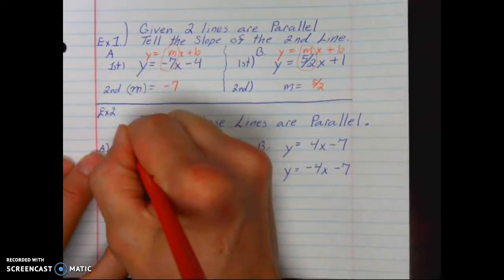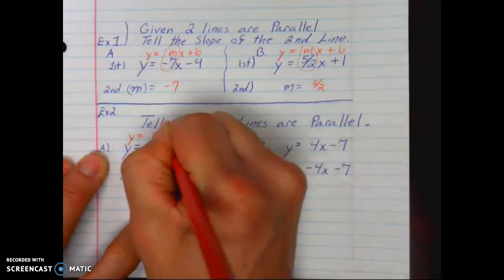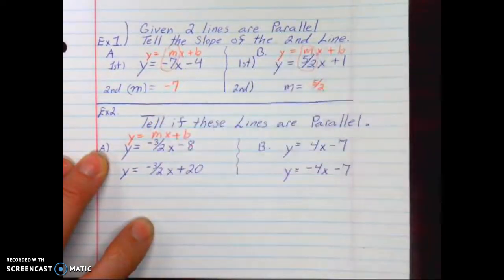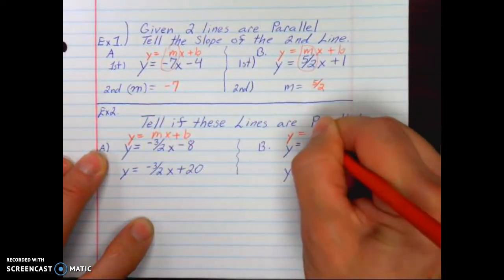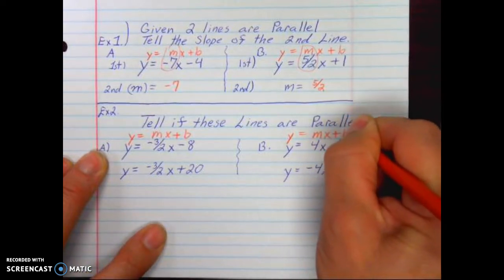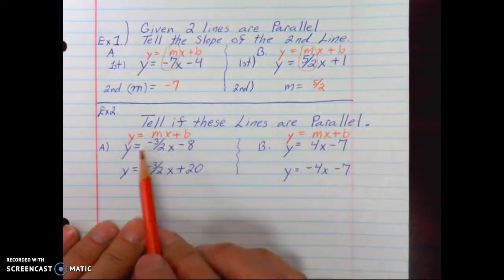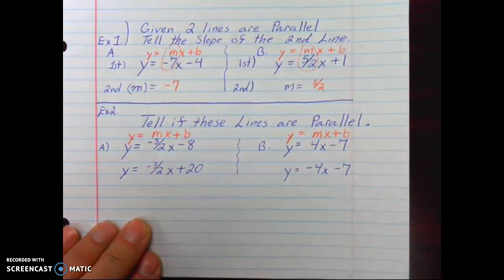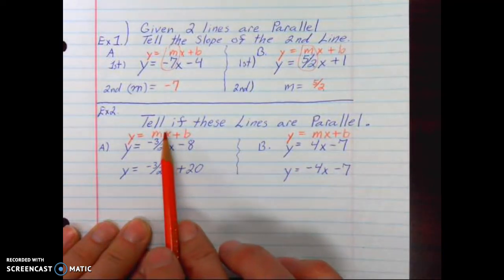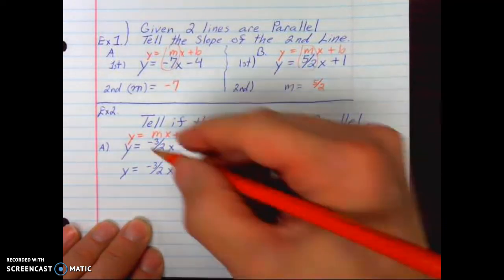So I'm going to write that right above here, y equals mx plus b, y equals mx plus b, right? Because if they're in this form, yay, it looks like they are, then the number that's in front of the x is my slope.